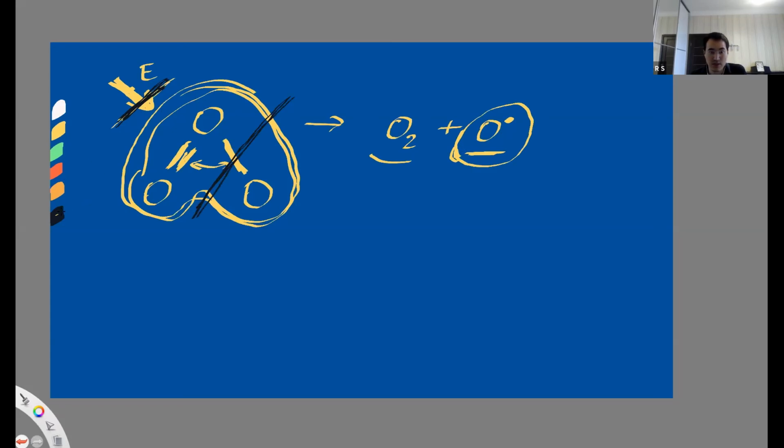Just a second, I forgot the question. Okay, so this explains why it's unstable and why it breaks down quickly. I'm not really sure about the process of production of this ozone.